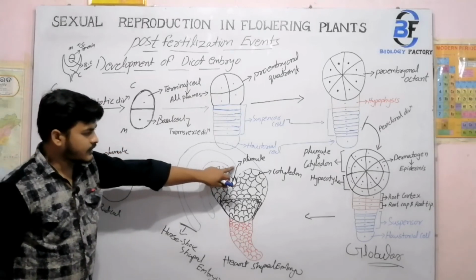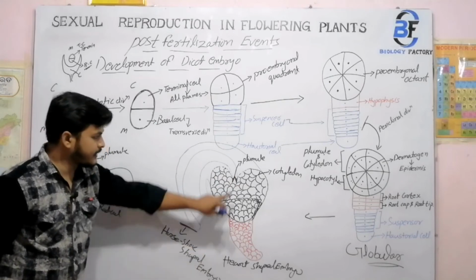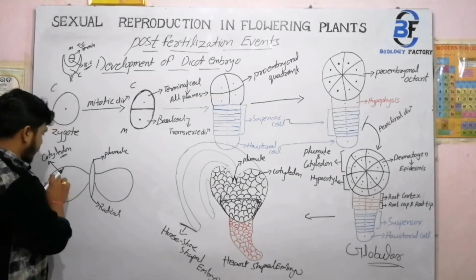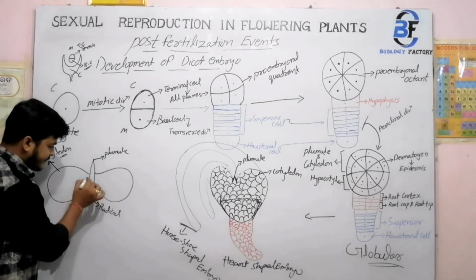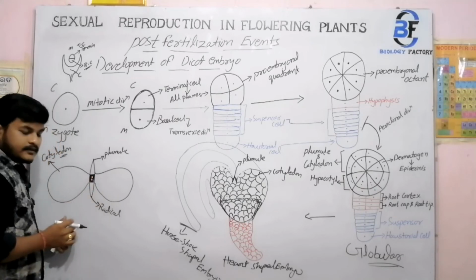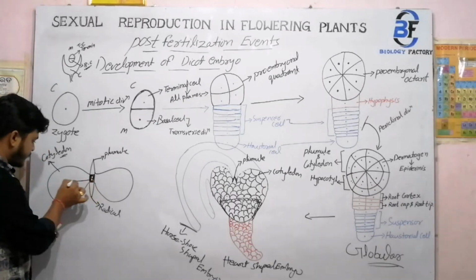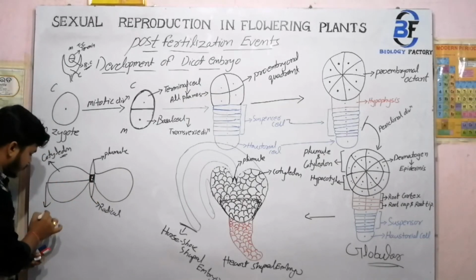I told you that here is your plumule, and the lower part forms your radicle. So radicle is formed, plumule is formed, and the cotyledon is formed. Next, the point where the two cotyledons are attached is otherwise known as your cotyledonary node.